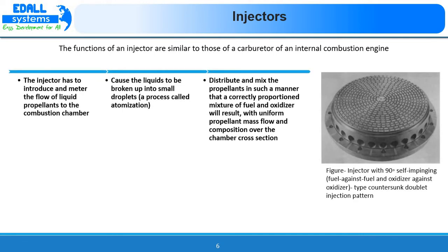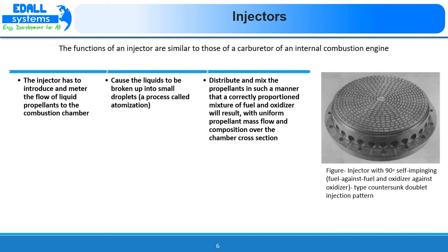The injector has to introduce and meter the flow of liquid propellants to the combustion chamber as discussed, and cause the liquids to be broken up into small droplets, a process called atomization. So even the atomization process happens in the injector part. Then it has to distribute and mix the propellants in such a manner that a correctly proportional mixture of fuel and oxidizer results, with uniform propellant mass flow and composition over the chamber cross section.